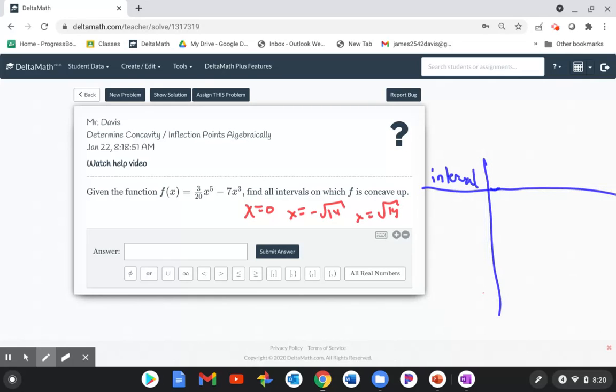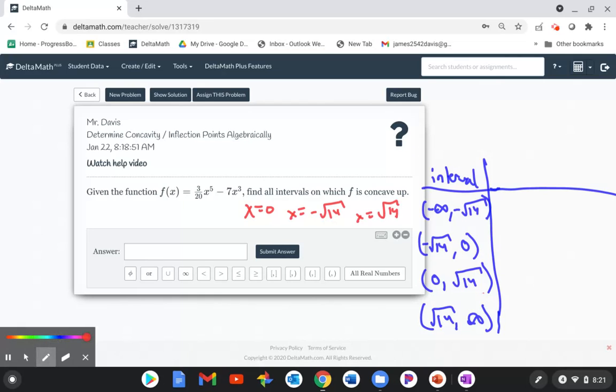Our first interval is going to be from negative infinity up to our first inflection point, which on the negative side is negative square root of 14. We then go from negative square root of 14 to 0, our next inflection point. We go from 0 to our next inflection point, positive square root of 14, and then positive square root of 14 to positive infinity.